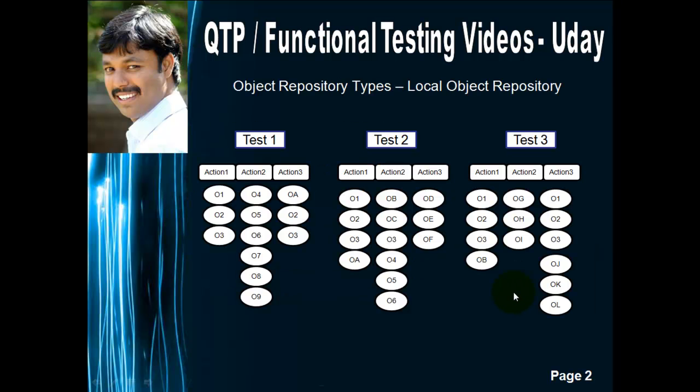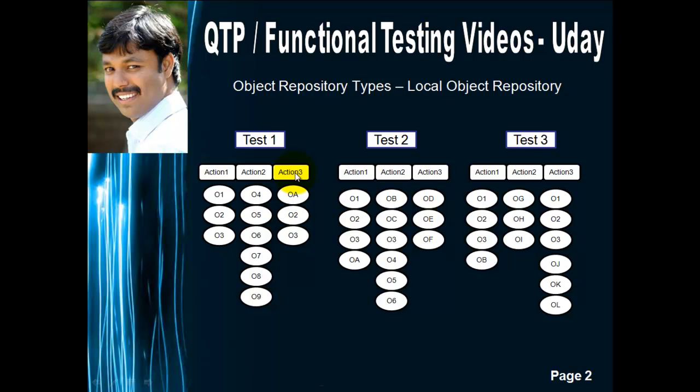To give more clarity, I'm putting it in a representation. Say I have three tests: test 1, test 2, test 3. Each test has three actions: action 1, action 2, action 3. In my first action I am using object 1, object 2, object 3. In test 2 I am using object 4, 5, 6, 7, 8, 9.